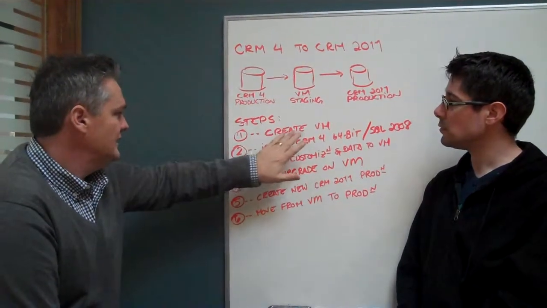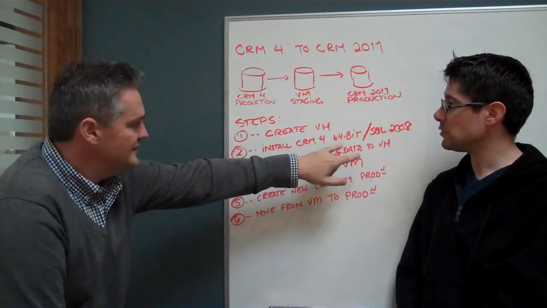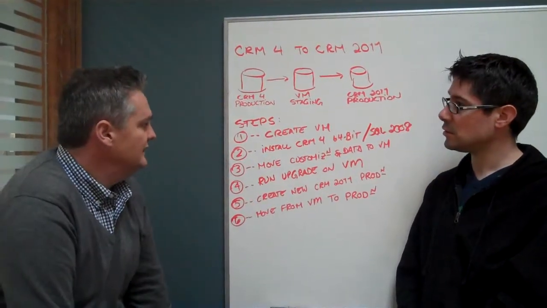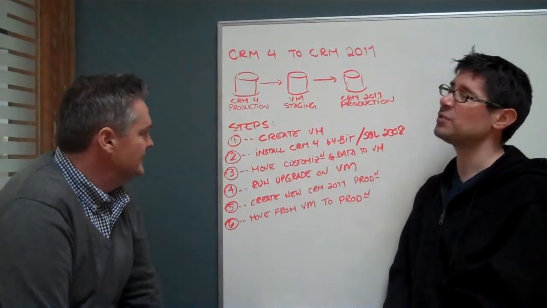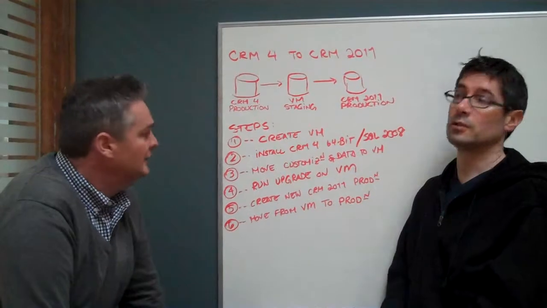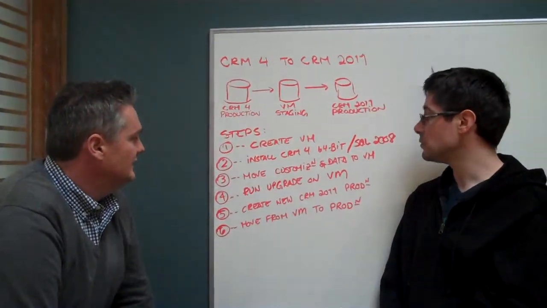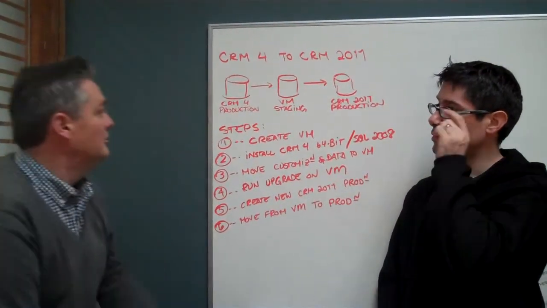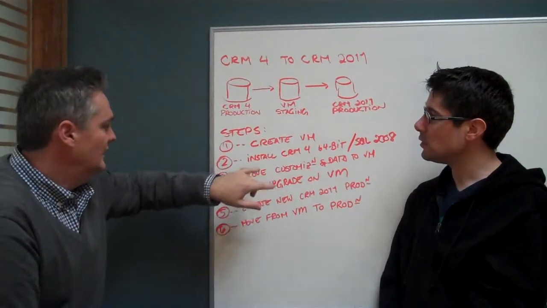So basically our steps: create the VM. We install 64-bit SQL, SQL 2008, and CRM4, the 64-bit version, because most likely our old one had the 32-bit version. Yeah, absolutely. From there we restore the databases that we backed up from our production environment.